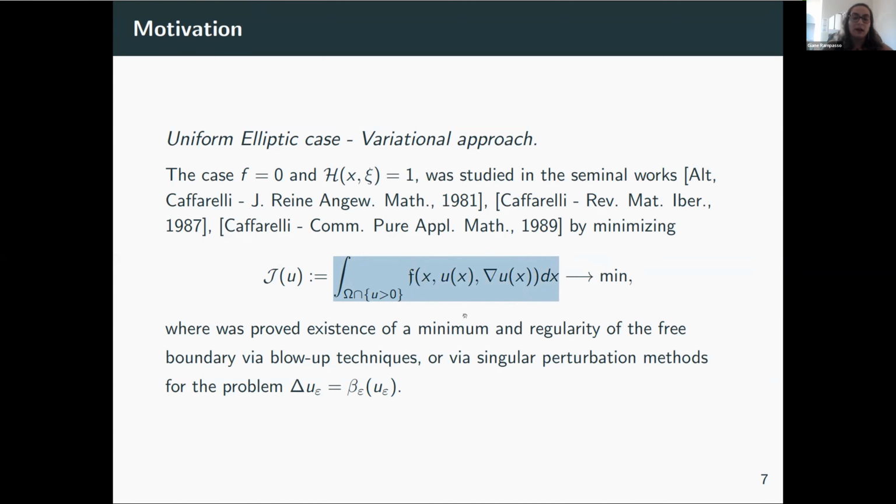They minimized this functional and proved the existence of a minimizer, and also the regularity of the free boundary via blow-up techniques or via singular perturbation methods.